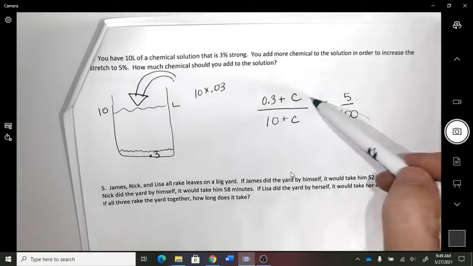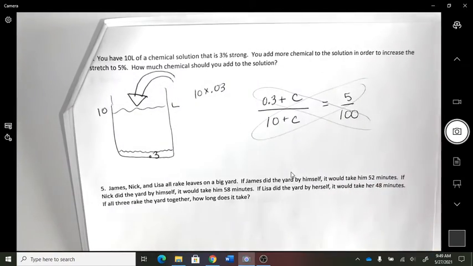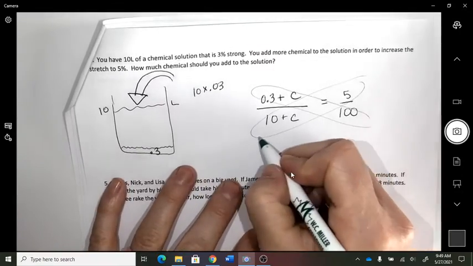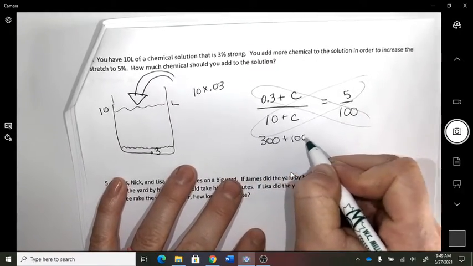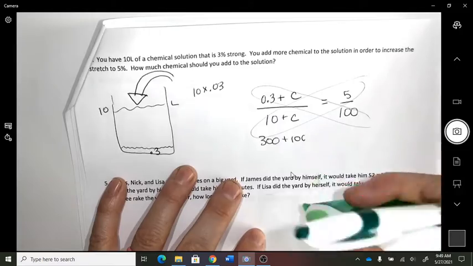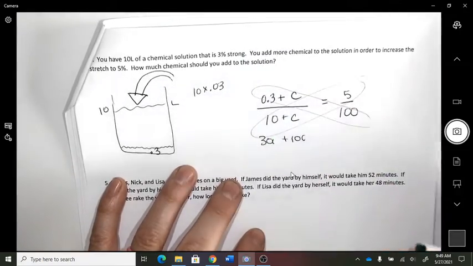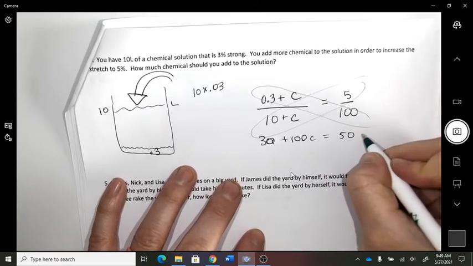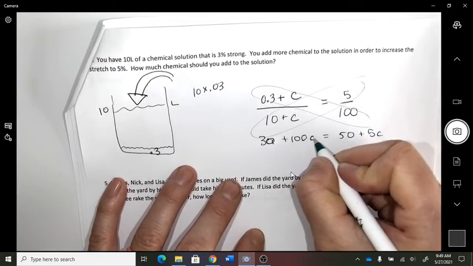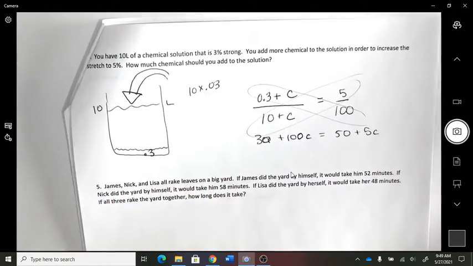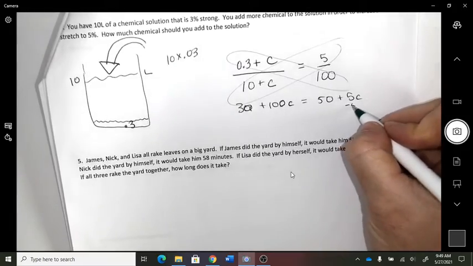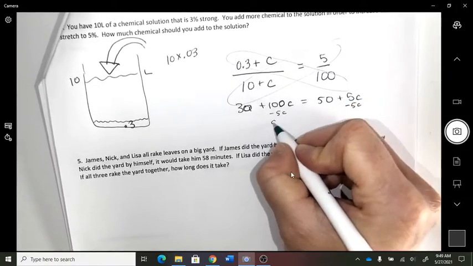Okay, so now I'm picking a strategy to solve, and I'm going to go with the cross multiply. So 30 plus 100C equals 50 plus 5C. Okay, so I'm going to algebraically move the 5C.